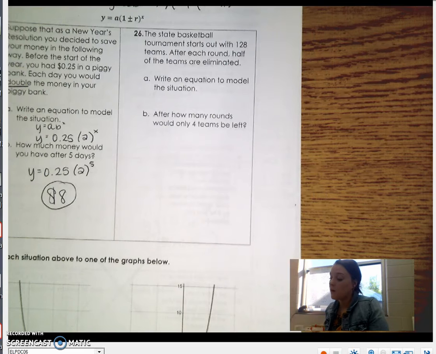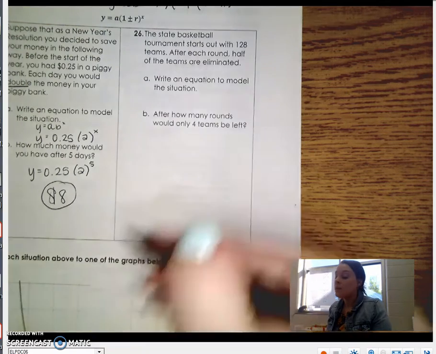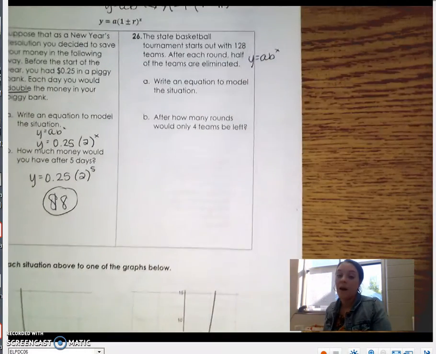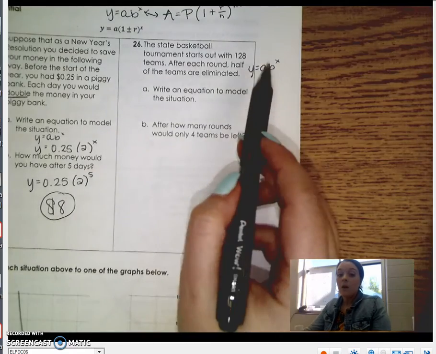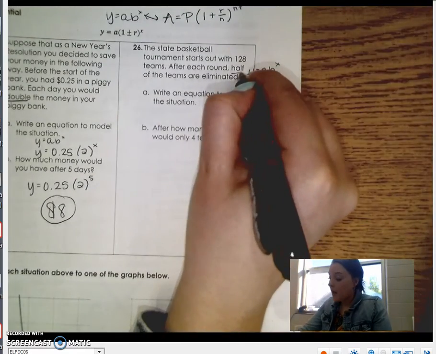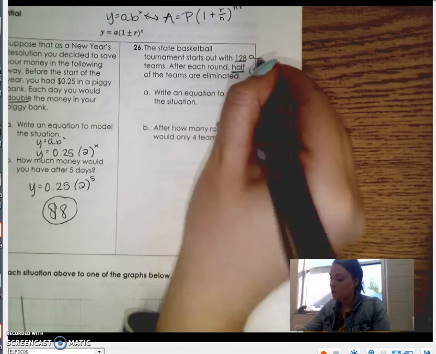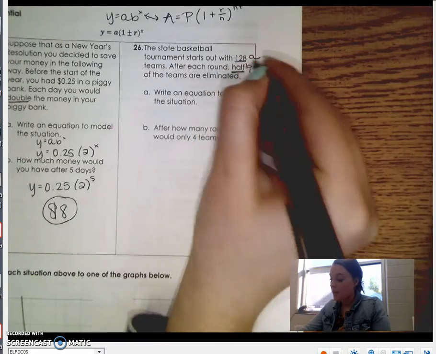26 is very similar. It says the state basketball tournament starts out with 128 teams. After each round, half of the teams are eliminated. This is also a y equals ab to the power of x example, where b is going to be half. So our starting value was 128, so that's going to be my a. My b is going to be 1/2.